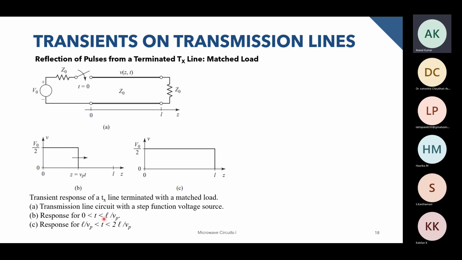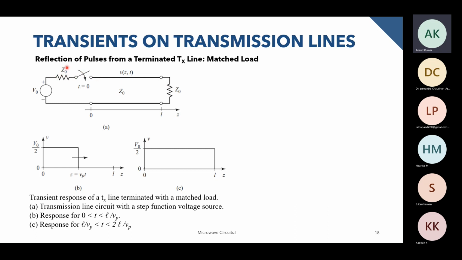After L by Vp time, since the load is matched, the voltage V0 by 2 will appear across this resistor. Since both impedances are equal, it will stay this way.